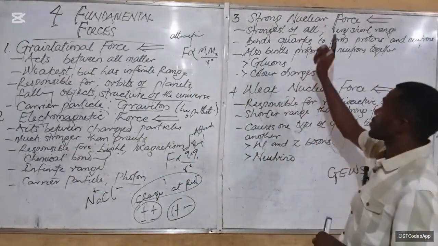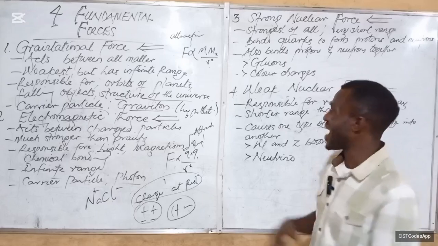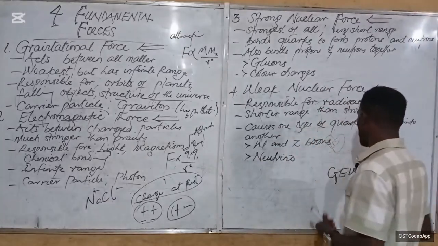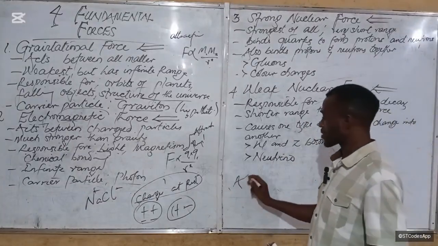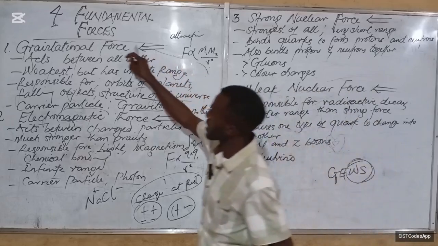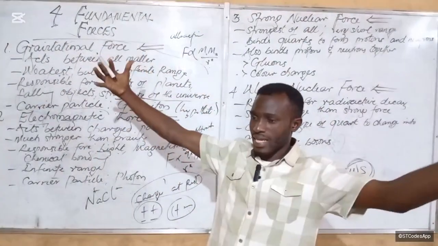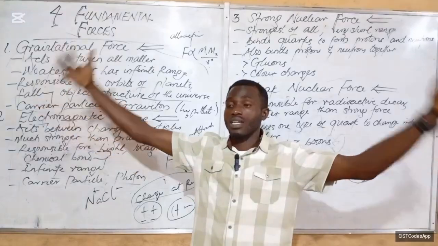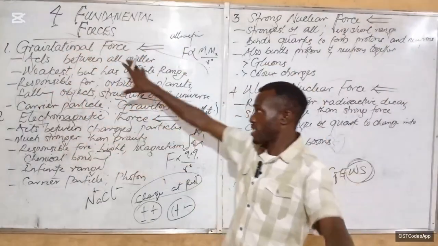Okay. All right, let's go to the strong nuclear force. Now, the strong nuclear force and the weak nuclear force both act on the atomic scale. Okay, so this one acts on the large, astronomical scale. You understand that one?